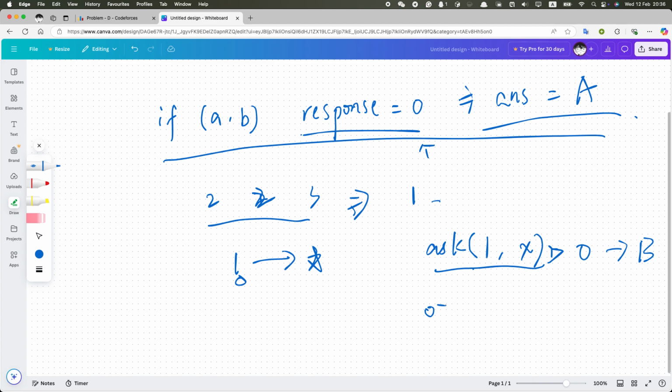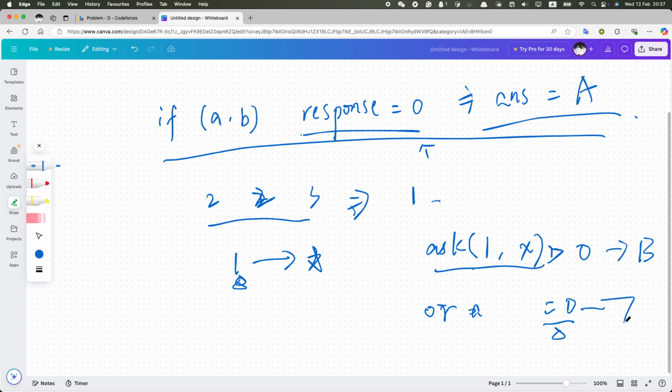Or the response equals 0, which means that it must be a graph, and we don't have an edge from 1 to other numbers, so the response can be 0.